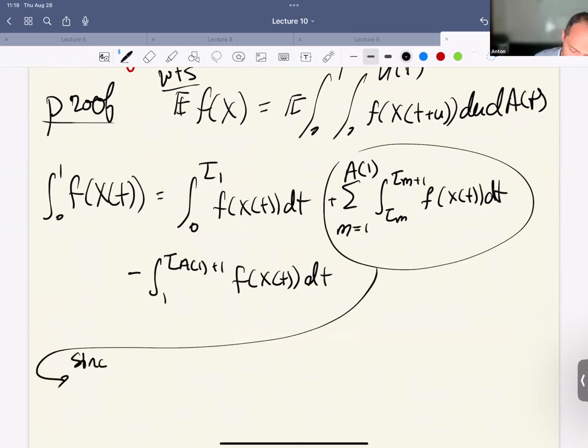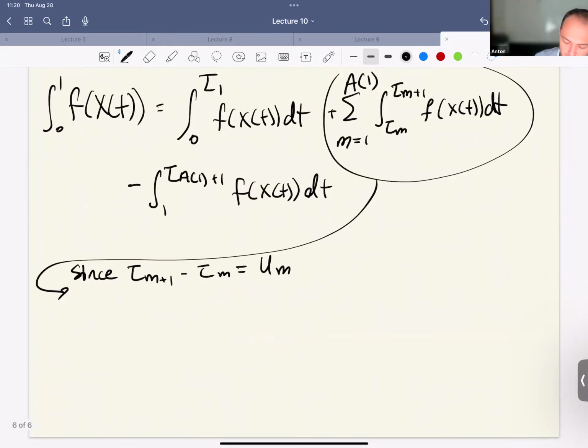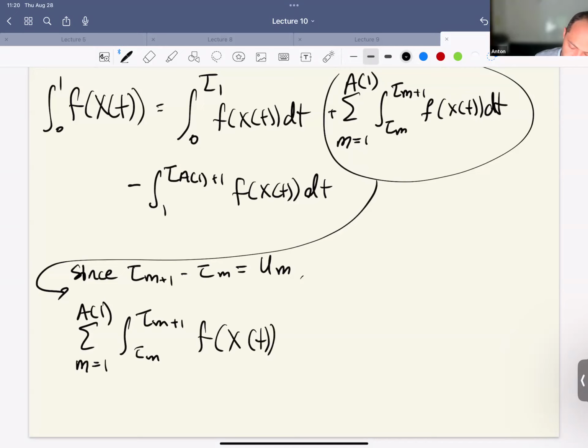Since the time between arrivals, let's call it u sub m, we have this sum from 1 to A of 1, tau m plus 1, and now it's just a change of variables, dt.